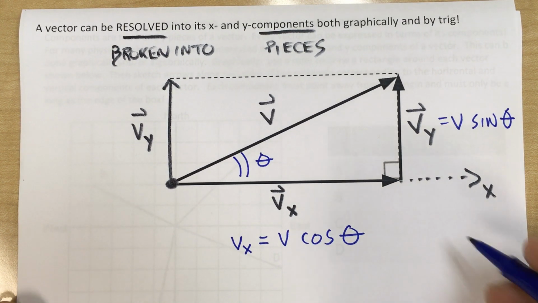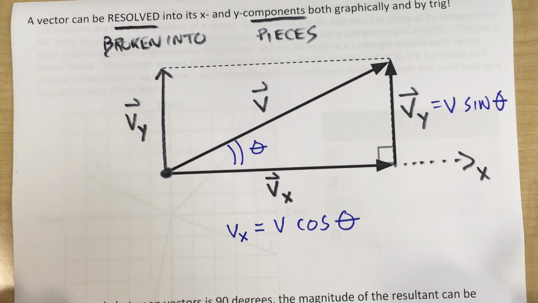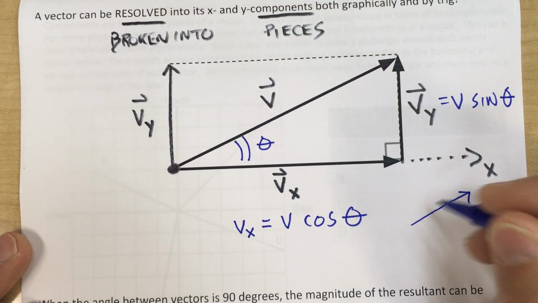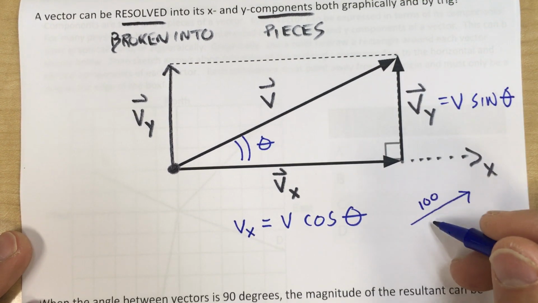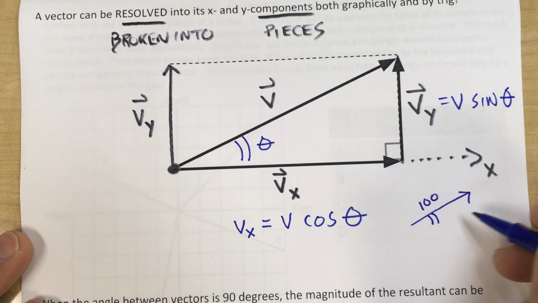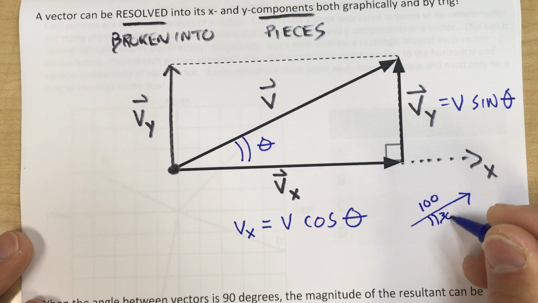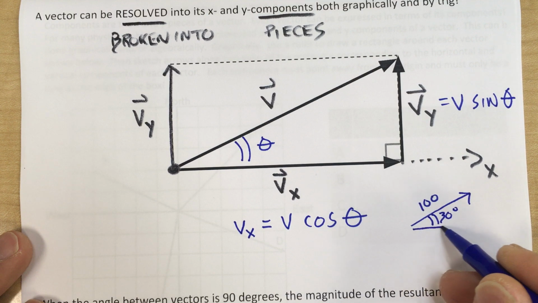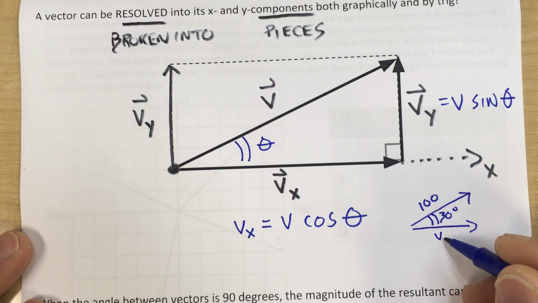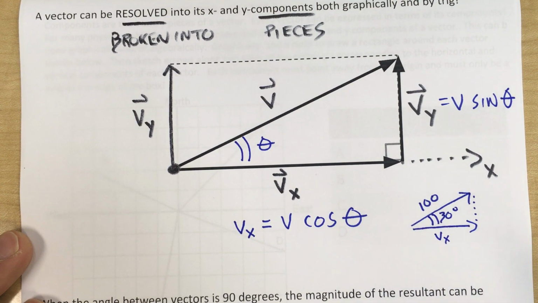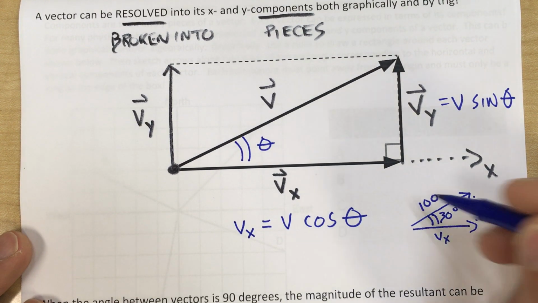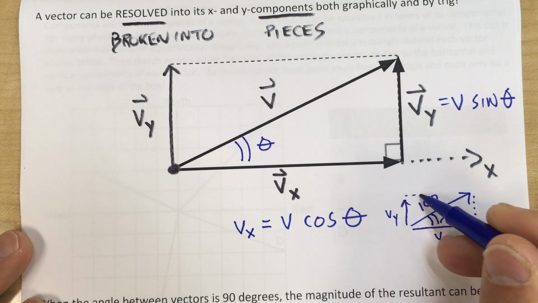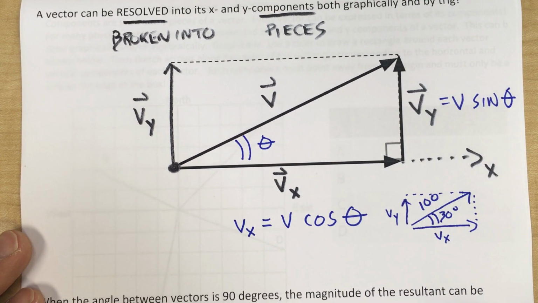So for example, we'll do an example to the side here. Let's say that the vector is 100 units long, and let's say that the angle is 30 degrees. Okay? So you would have an x component that points to the right, and you would have a y component which points up.